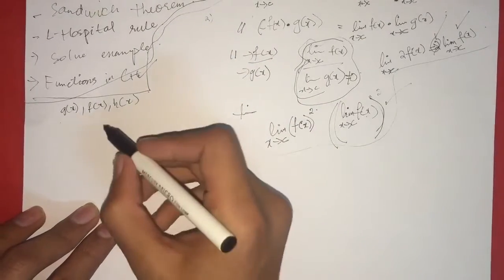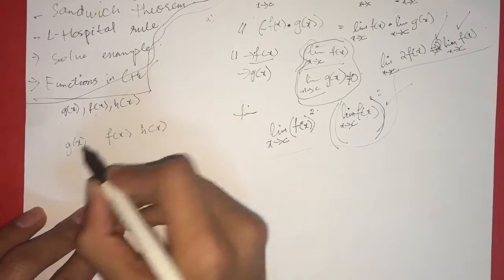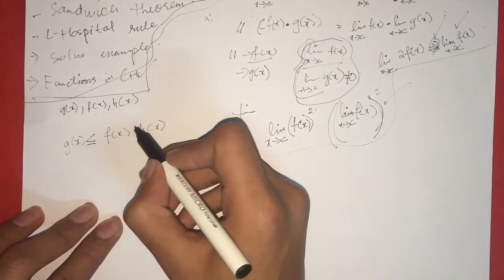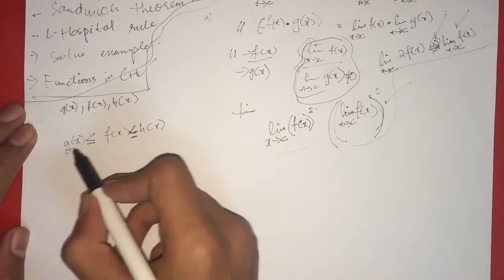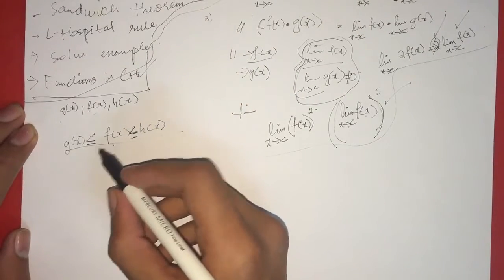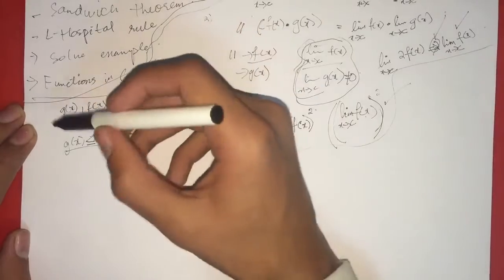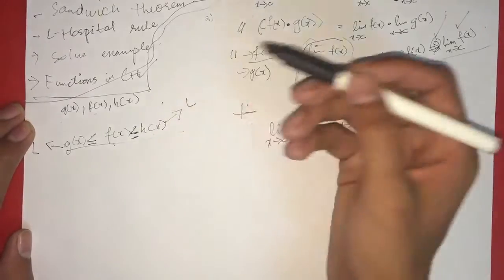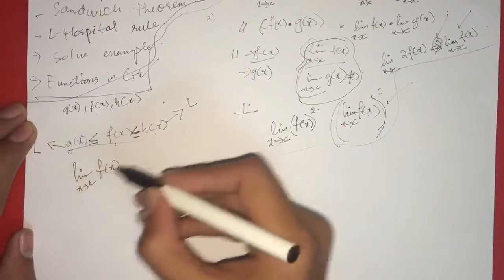The sandwich theorem says that if f of x is greater than or equal to g of x, and f of x is less than or equal to h of x, and if g of x and h of x approach the same limit, say L, then the limit of f of x will also be L.